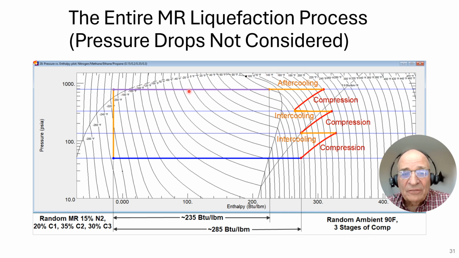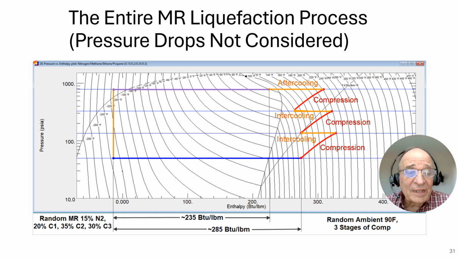You cool that liquid and vapor down. You then drop it in pressure across a JT valve. You then warm it up by extracting heat from this MR stream and from the LNG. And then you go back to your compression stage. Now, how could I have made this even more efficient?